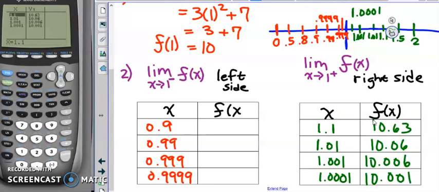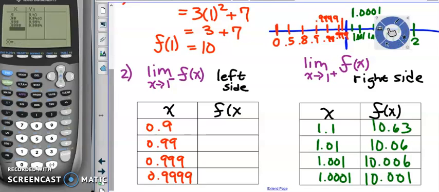And we'll talk about what that means in a few seconds, as to what x is approaching. All right, so with the other part, let's go ahead and put in 0.9, 0.99, 0.999, 0.9999.